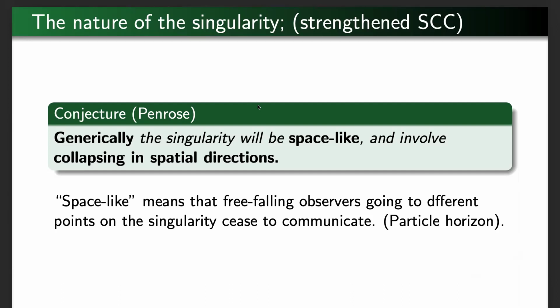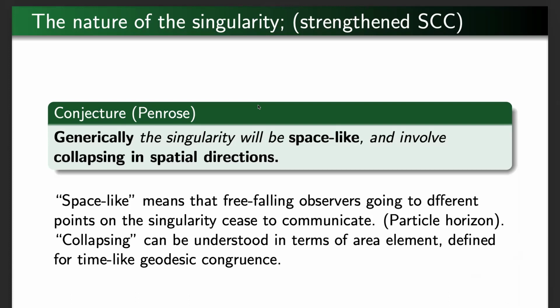If we go sufficiently close to the singularity, light signals emitted by one observer cannot be received by the other observer. So this is strong cosmic censorship.